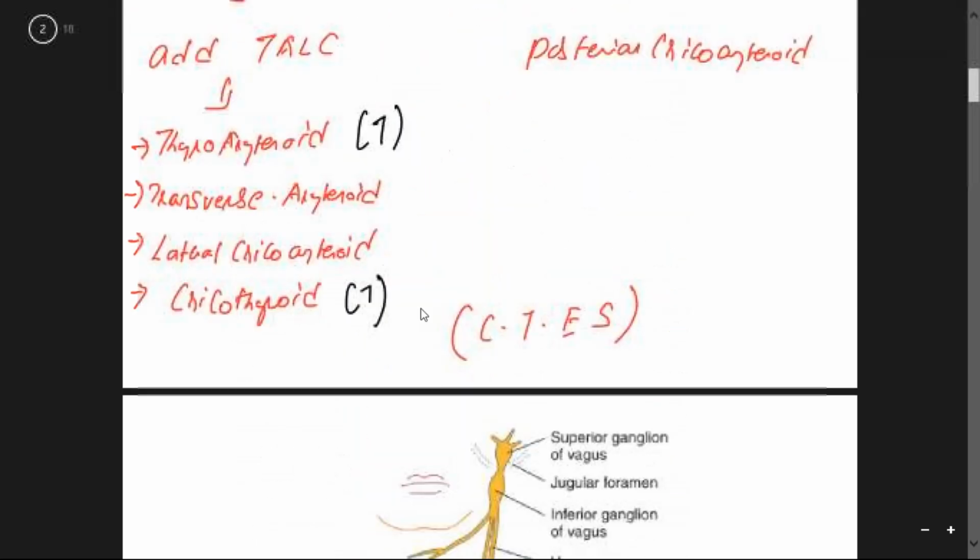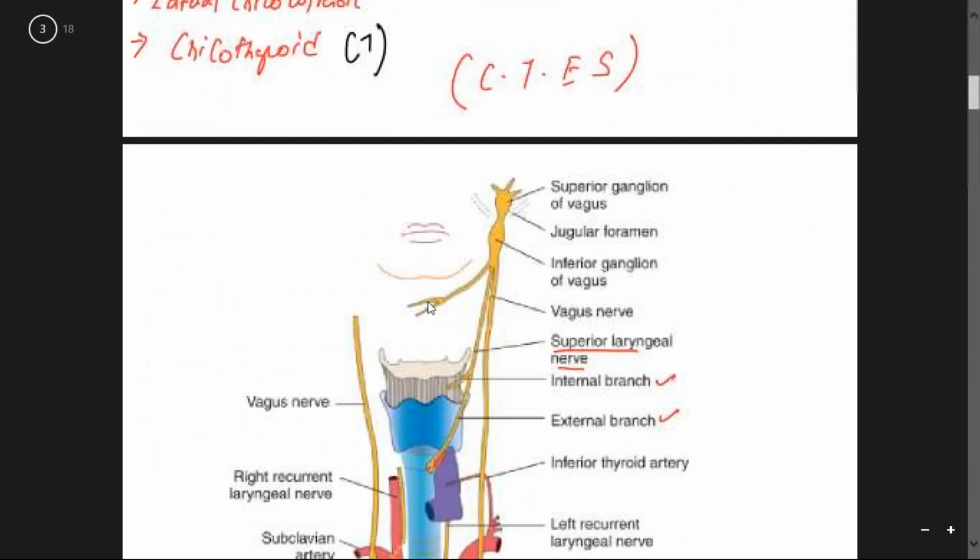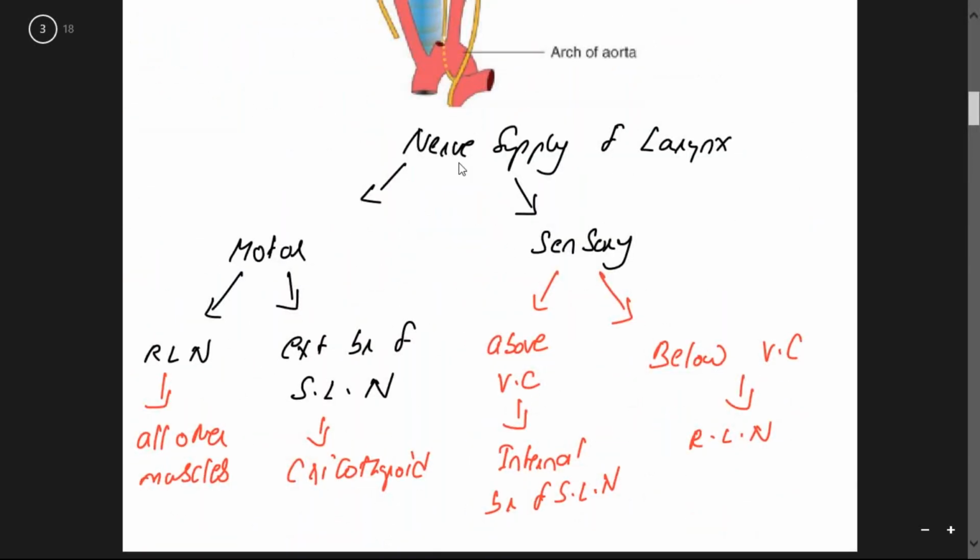Now on the whole, this is what I've written here. This is the nerve supply of the larynx. Motor supply: the recurrent laryngeal nerve supplies all other muscles, except the cricothyroid, which is supplied by the external branch of the superior laryngeal nerve. So this covers the motor supply of all the muscles of the larynx. Coming to the sensation, it is very easy.